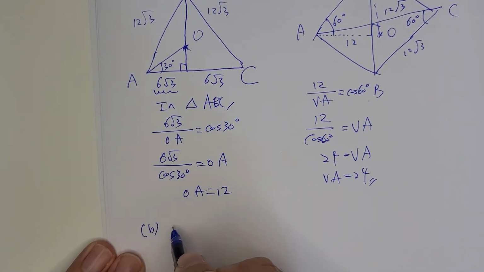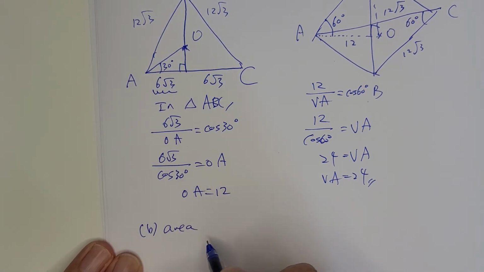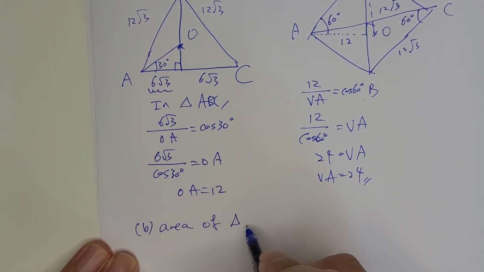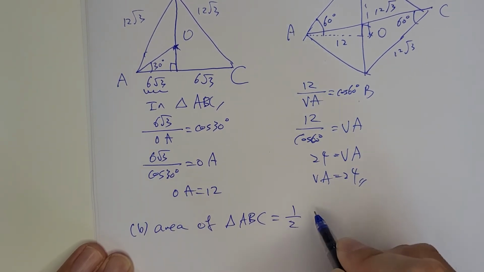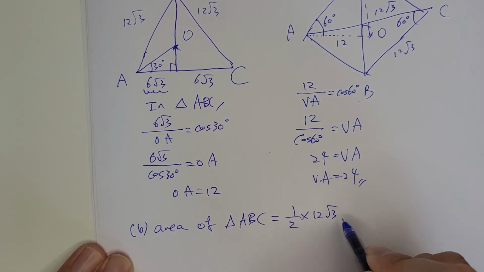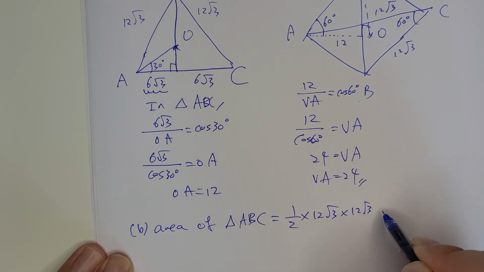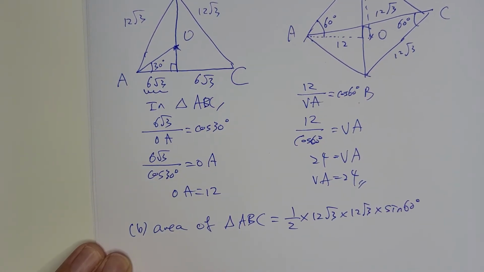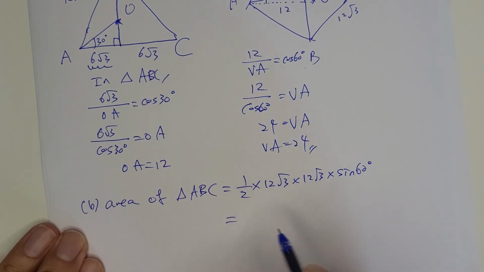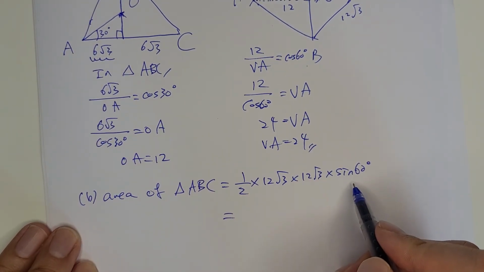So, area of triangle ABC, that is 1 over 2 times 12 root 3 times 12 root 3 times sine 60 degree. In here, just pay attention, that is sine 60 degree, that is actually root 3 over 2.